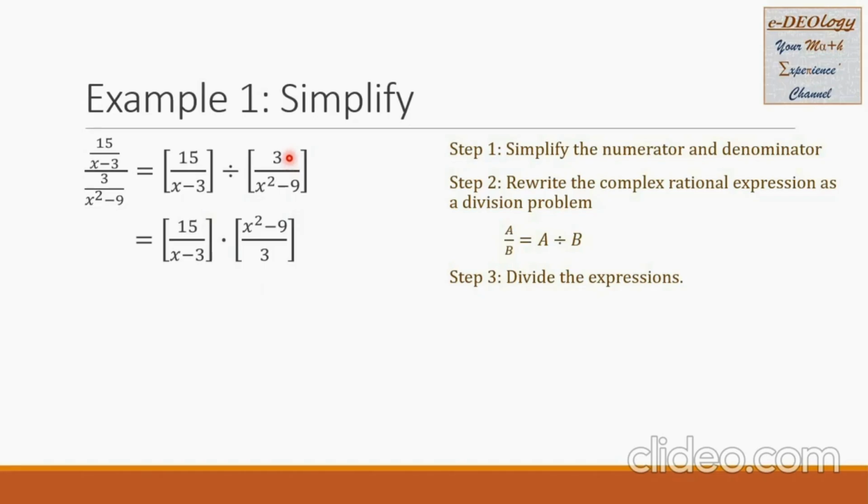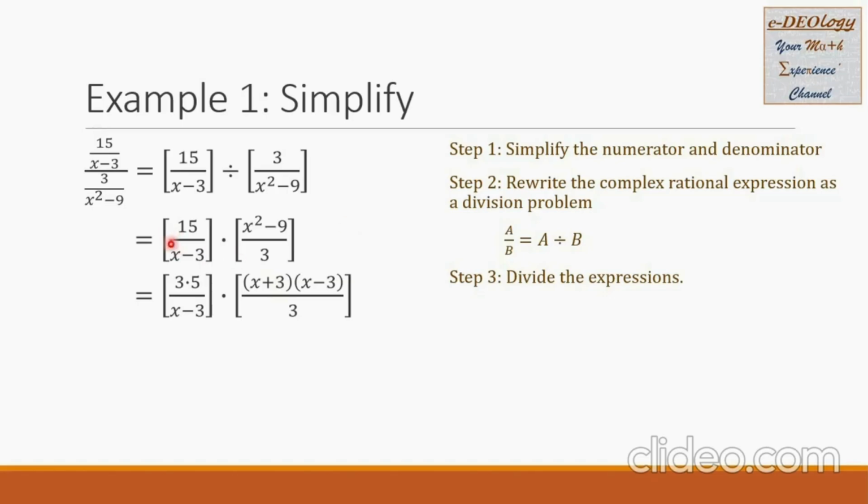It means here the number 3 as numerator becomes denominator, and the x squared minus 9 as denominator here becomes the numerator. Also, the operation is changed. From division, it becomes multiplication. And when we do the multiplication, we need to first factor out all the numerators and denominators completely.